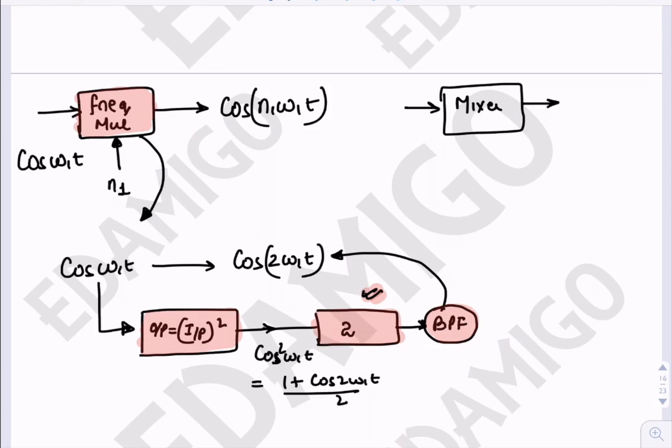Similarly, if we want cos(3 omega_1 t), that is a multiplication factor of 3, we can have a nonlinear device which produces output equal to input cubed, followed by a band pass filter which has a center frequency of 3 omega_1. So similarly, a frequency multiplier is simply a nonlinear device followed by a band pass filter.